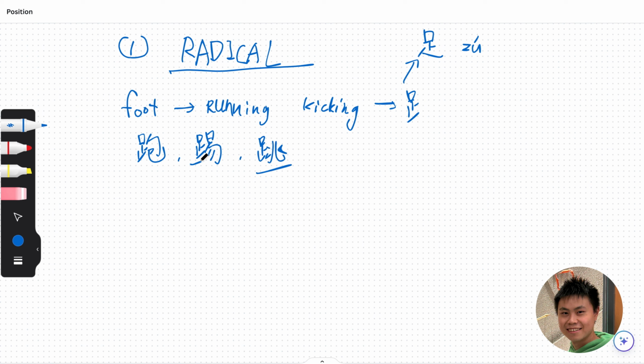Jumping. See all those resemblances? And fell down, got tripped and fell down because your legs get tripped, so you fell.